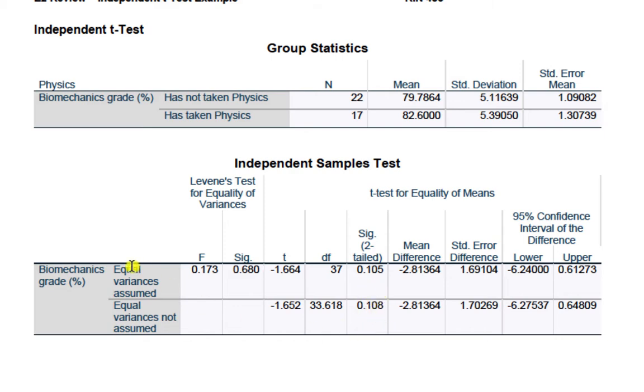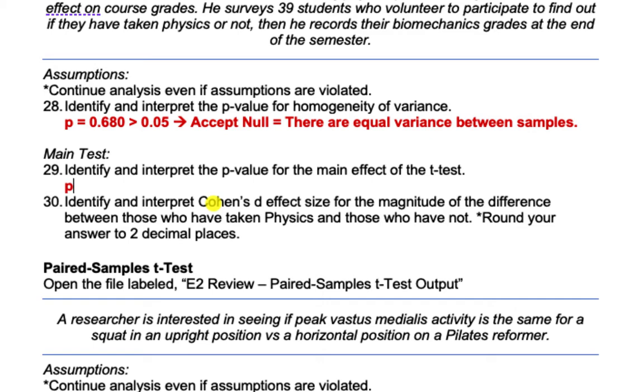Now, because we said we are assuming equal variances, we would read this top row, and that would end up telling us that our p-value is equal to 0.105. So p is equal to 0.105, which is greater than 0.05, which tells us that we should accept the null hypothesis.